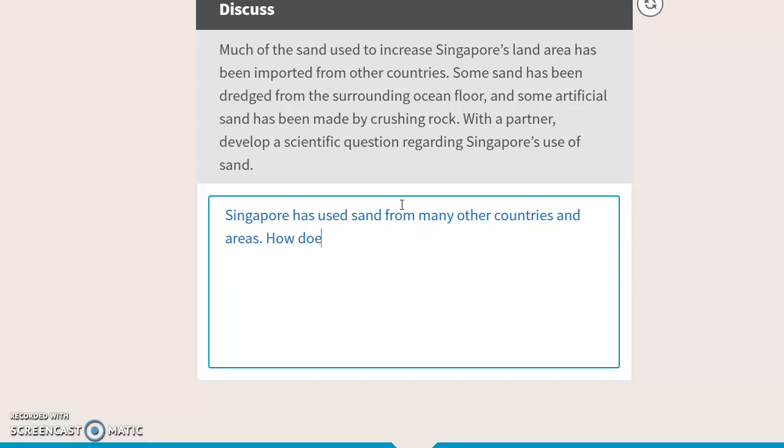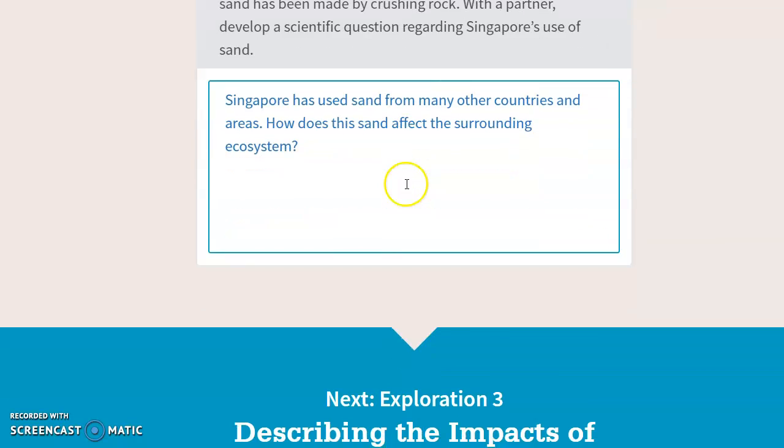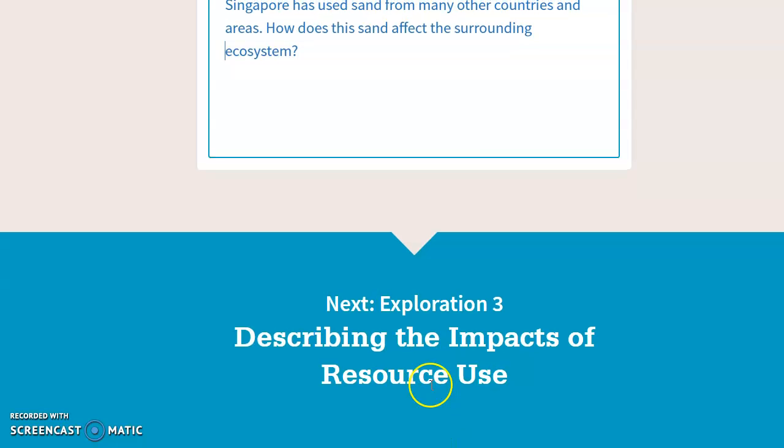How does this sand affect their ecosystem? Like, how does that affect them if they're using this much sand from this many different areas? How does this sand affect the surrounding ecosystem? That's an even better question. The surrounding ecosystem. Okay, so for exploration 3, we'll create a new video.